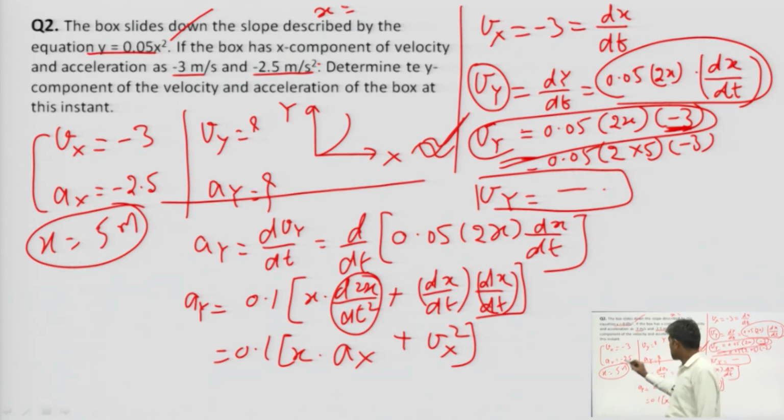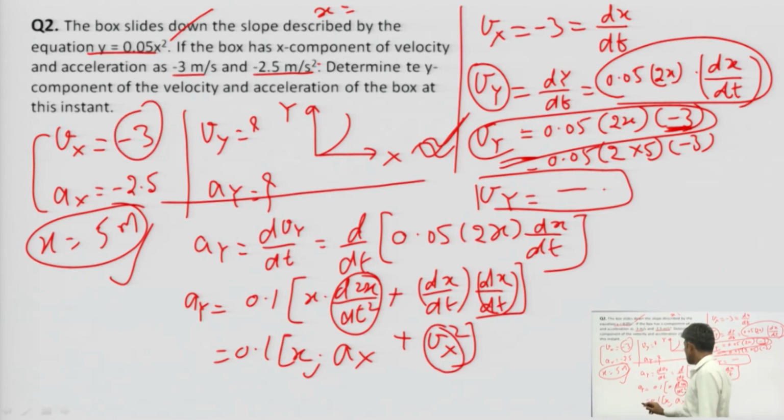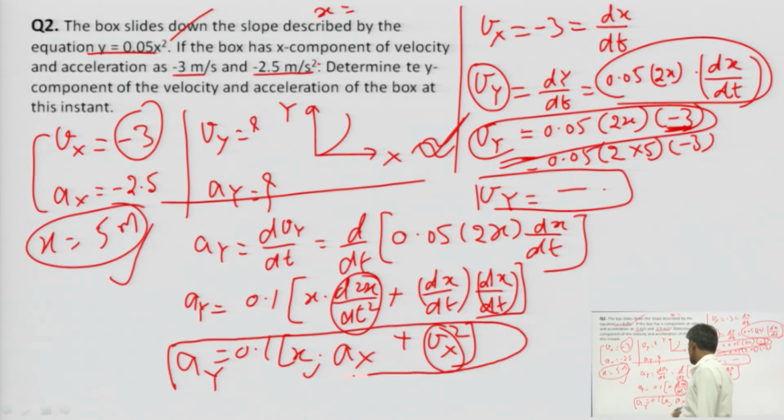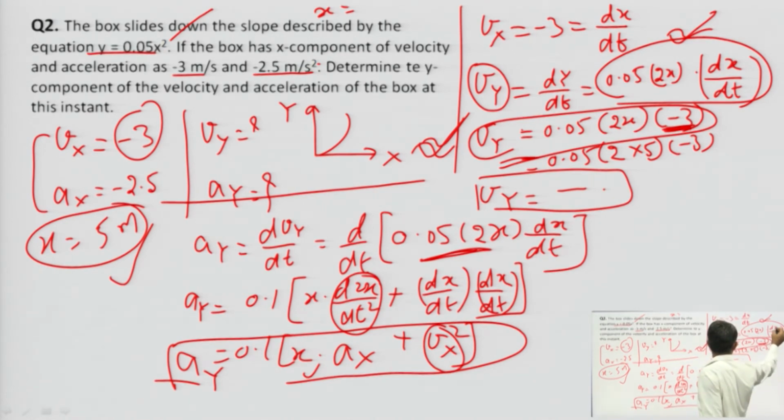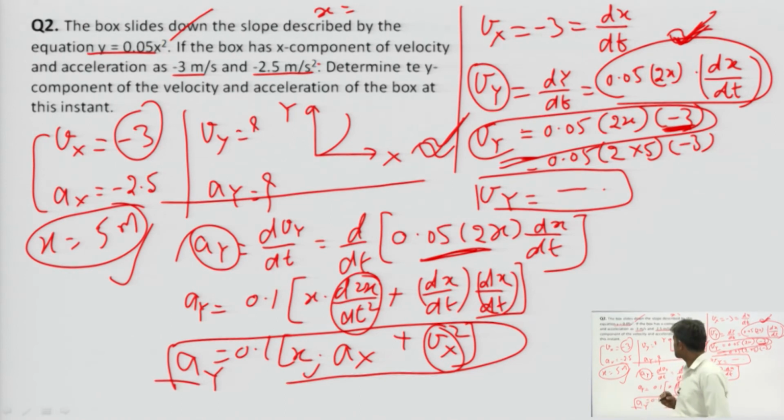Ax is given as minus 2.5, x value is 5, Vx is minus 3, then the value of ay can be calculated. Putting just one value will give a wrong sense, because we have put dx by dt as minus 3. For the derivation of ay we need to use that equation.